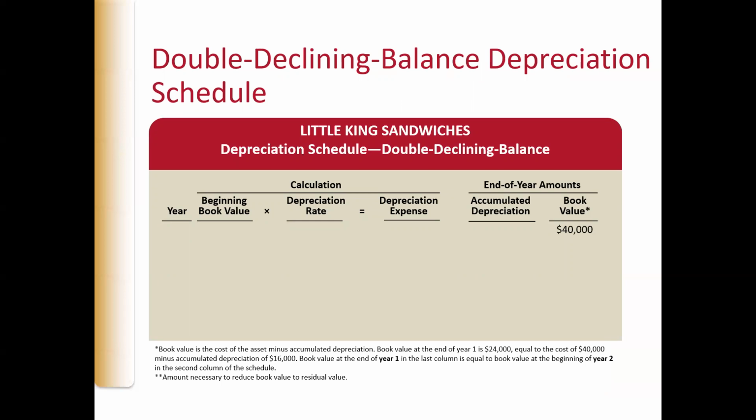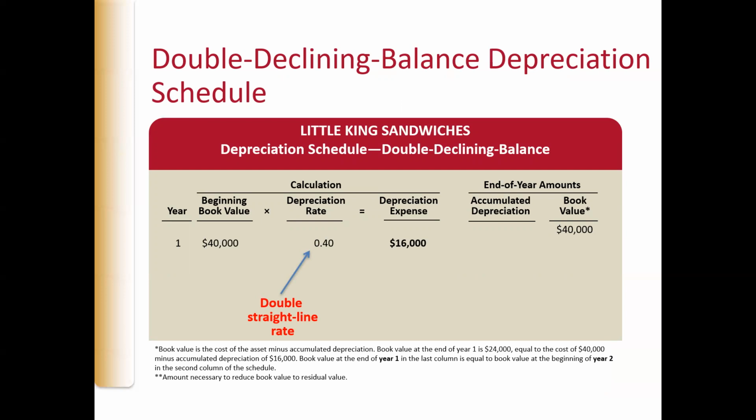This next method, double declining balance depreciation, can confuse people. And I'm going to just give you some tidbits on how to keep this very simple. Don't think of it like the straight line method. We handle it differently.